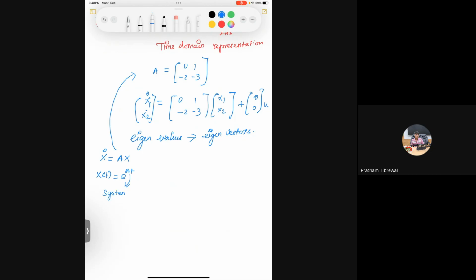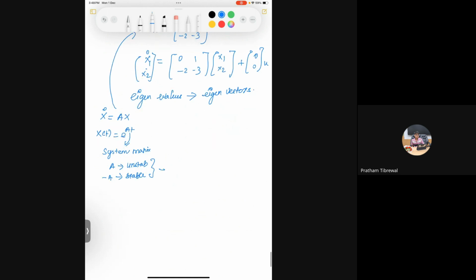When A is positive, it is unstable. When A is negative, then the system would be stable. So the stability relies on the system matrix A, right?